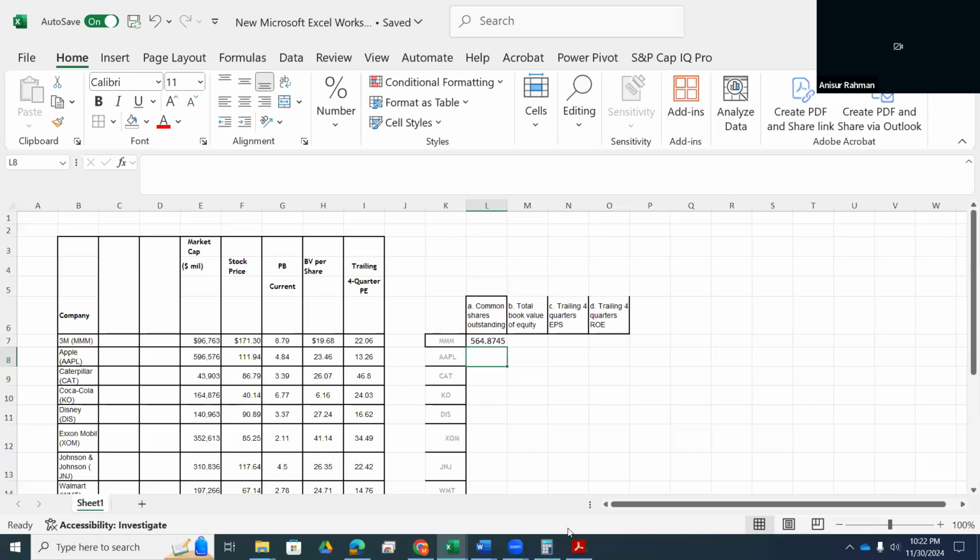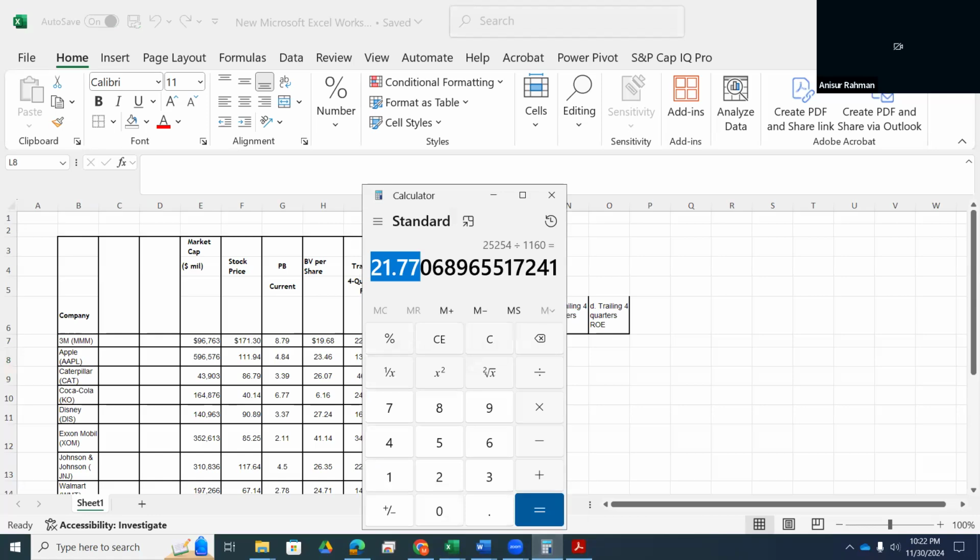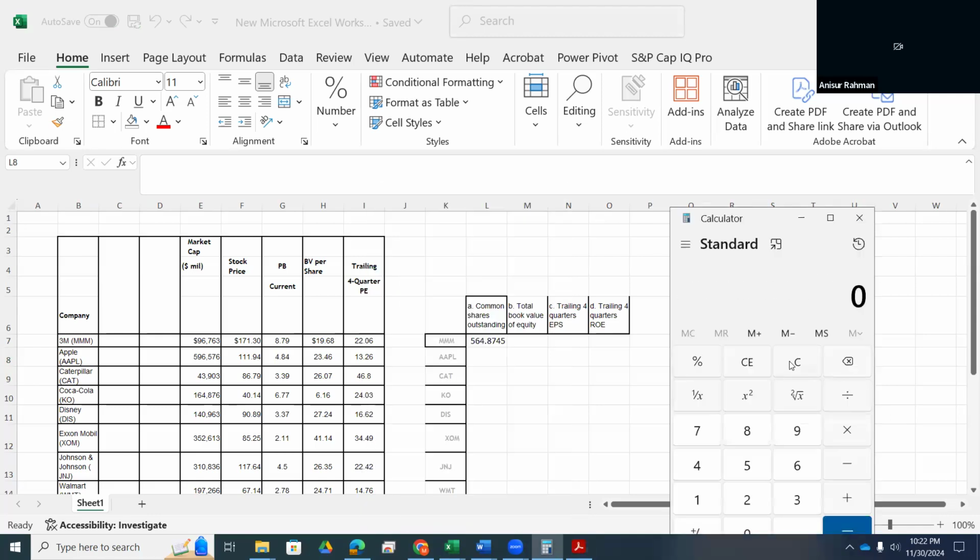Now, if you want to do it in a calculator, So what you will do, 96,763 divided by 171.3.